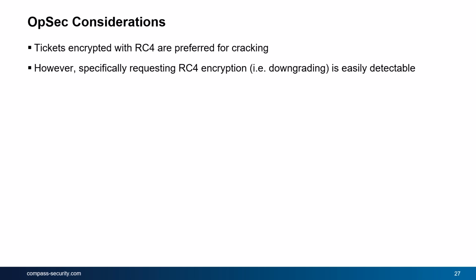They will offer or support all kinds of encryption algorithms. So if you have a few requests that specifically ask for RC4, this is very easy to spot. And for that purpose, some of the tools that we have used for performing Kerberoasting have support for operational security to address this specific issue.